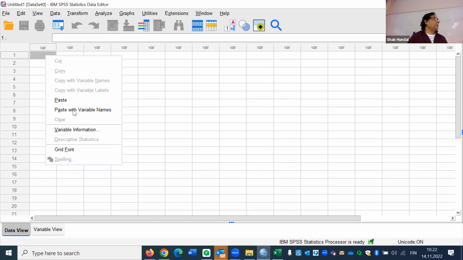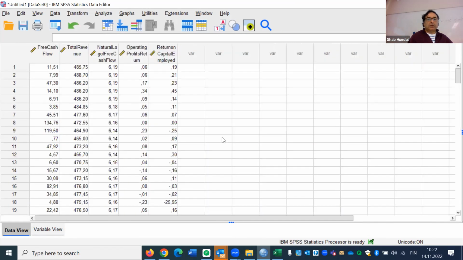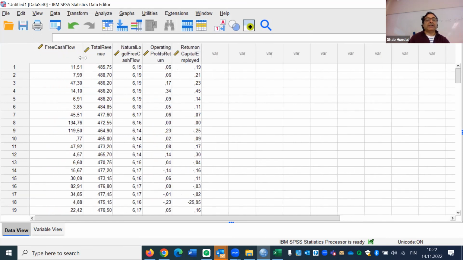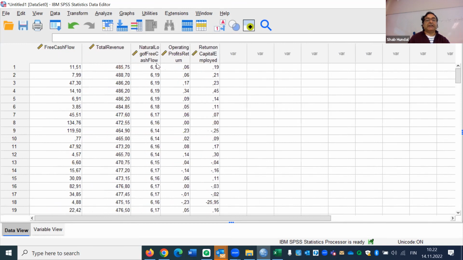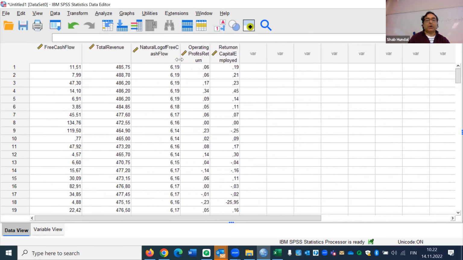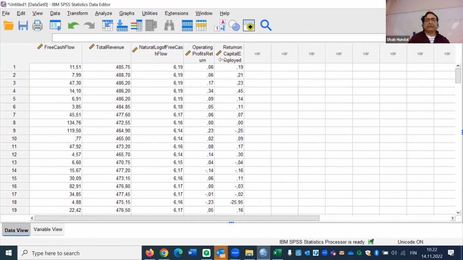You get my point? Always paste with variable names, because in the spreadsheet I copied the whole column, including the name of the variable. When I go to the SPSS workspace, I need to paste with the variable names. It's a little bit slow, but it works. So look now, the data is available in the SPSS workspace. You can change the width of the column if you want, no problem.